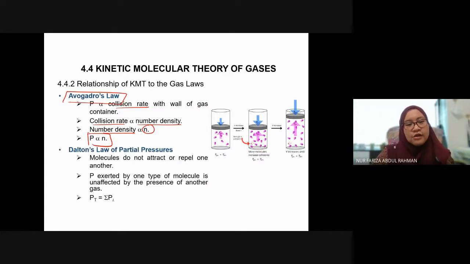Okay, and then we also have Dalton's law for partial pressures for a mixture of gas. In Dalton's, they mention molecules do not attract or repel one another. That's why the pressure can be maintained. Individually, and when it sits in a mixture, they have the same pressure. Dalton says this because he ignores the intermolecular forces, the attraction between the molecules.